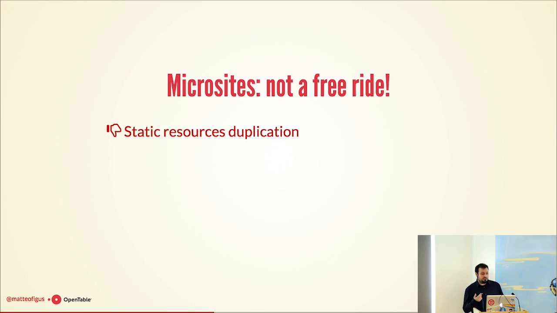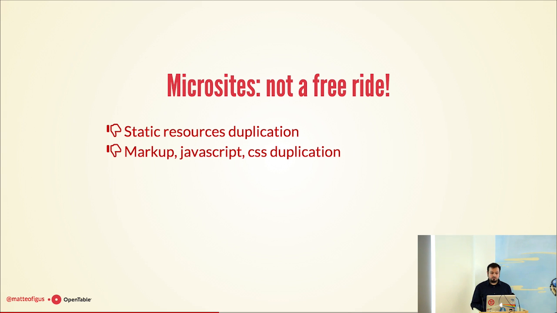What we found out when people started doing this was that everything was not going very well. People were duplicating a lot of static resources for the website, because they wanted to be up when everybody else was down. So they wanted to be very robust. They wanted to not depend on anybody. Everybody was duplicating markup, JavaScript. That wasn't very good, because that was affecting performance for the end user.